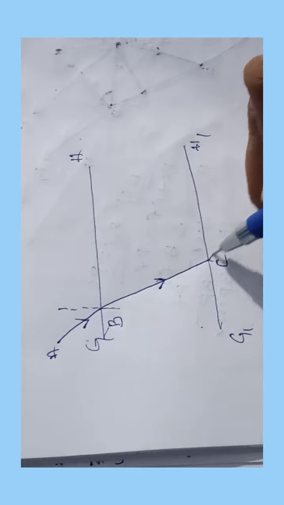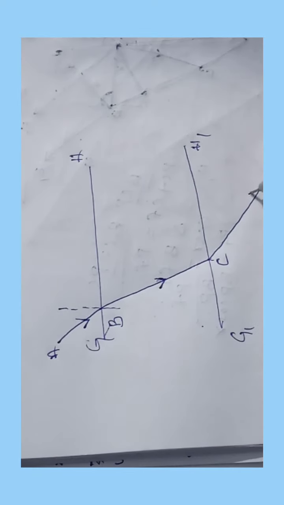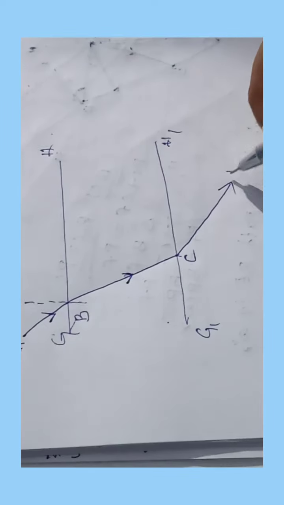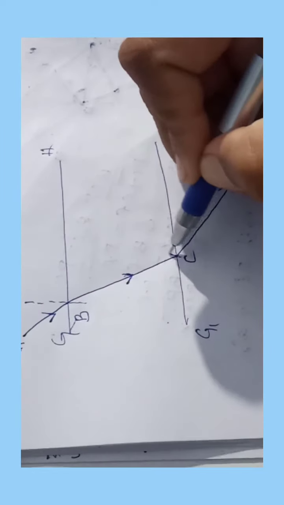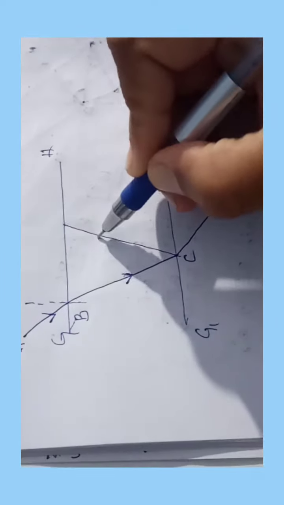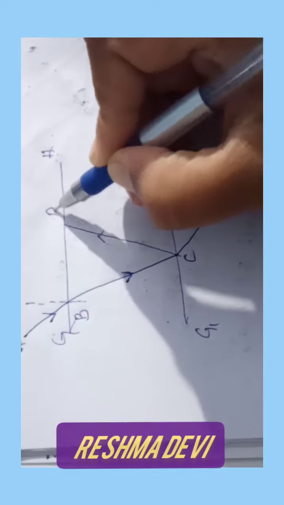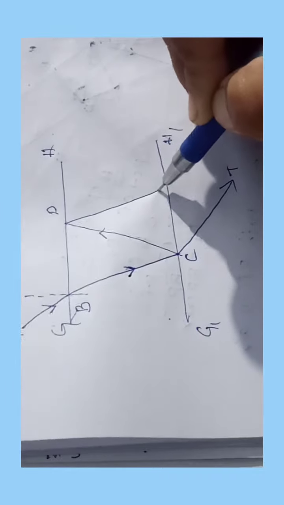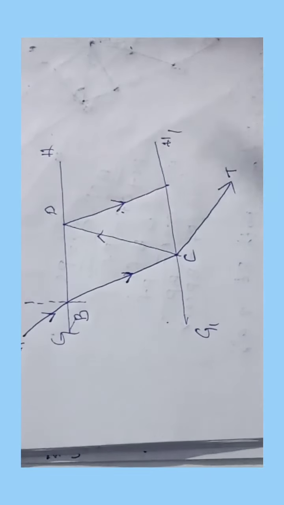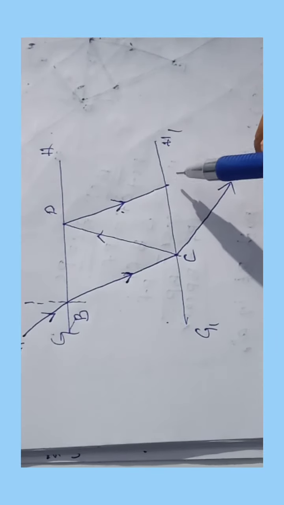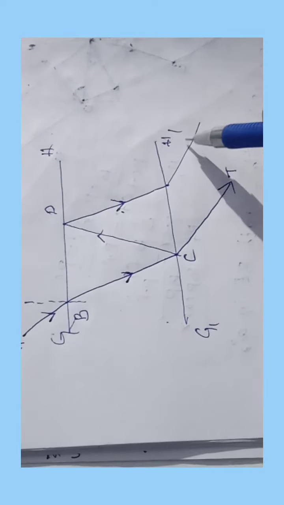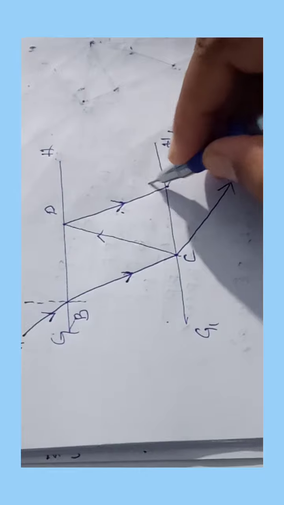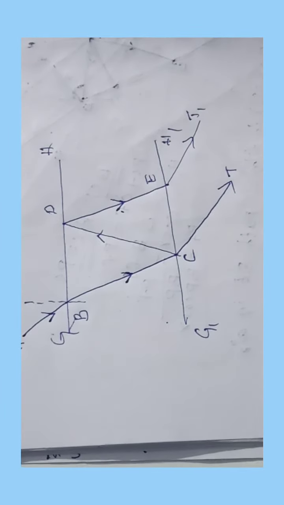At C, it is partially transmitted along CT and partially reflected along CD. At D, again it is partially reflected and partially transmitted along ET1.